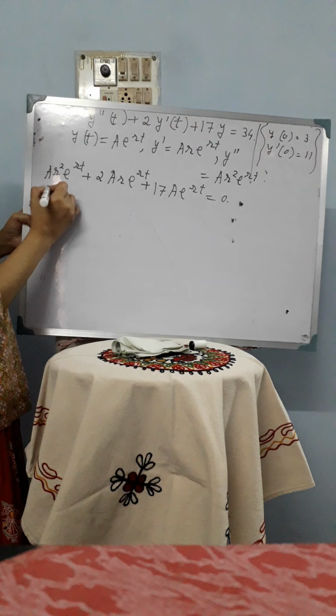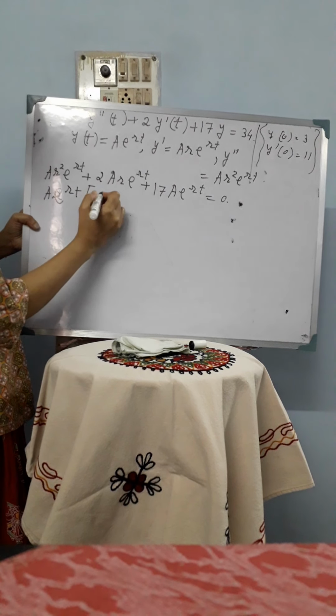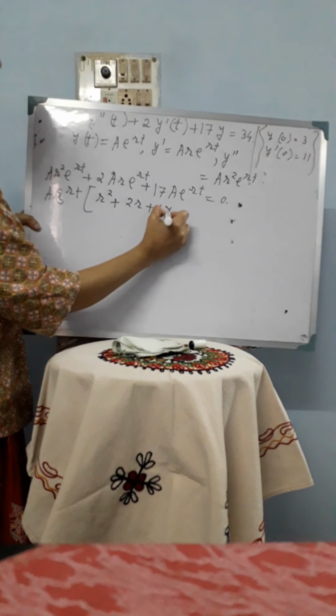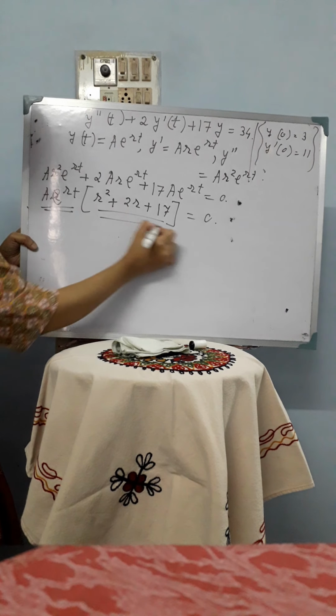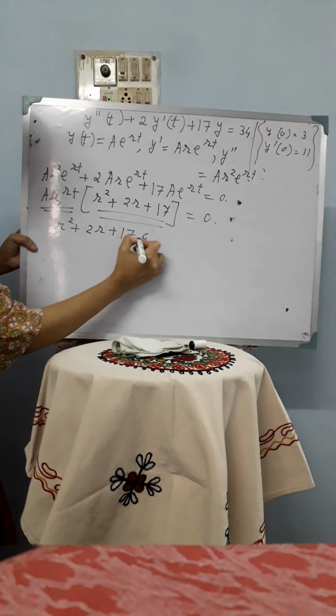Then by taking a e to the power rt common within the bracket, we will get r square plus 2r plus 17 is equal to 0. Since a e to the power rt is not equal to 0, this should be equal to 0. Then r square plus 2r plus 17 is equal to 0.